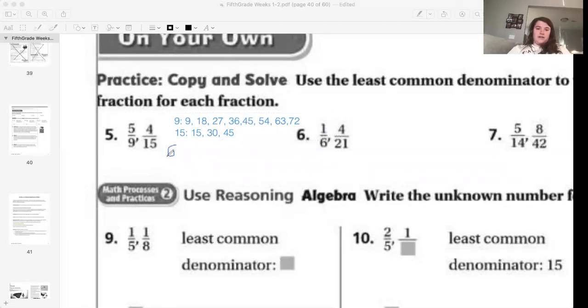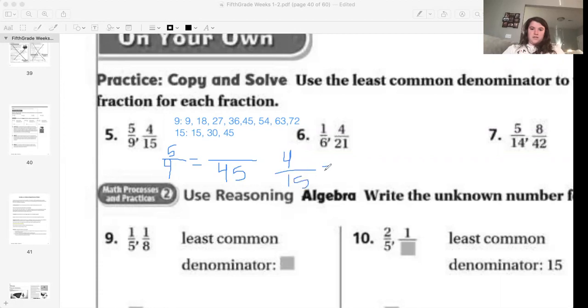So you're going to do 5/9 is equal to something over 45. And then 4/15, same thing here, over 45, because that was the common denominator we found. 9 times what gets us 45, and that's 9 times 5. So we have to multiply by 5 on the top as well.